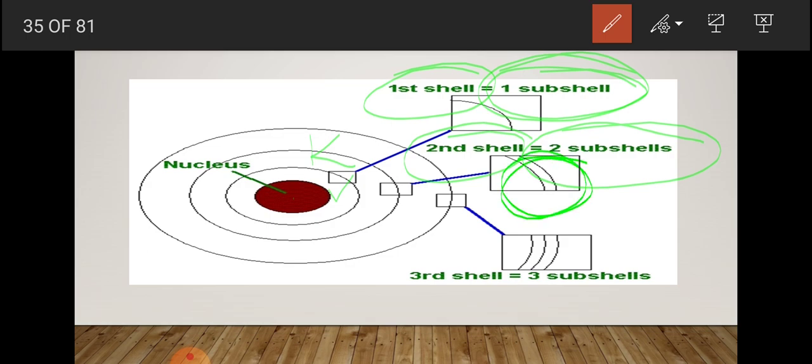Here it is shown. In third shell, three subshells will be present. Okay, K, L, M, N are your shells, that is orbit, and they can be represented by 1, 2, 3, 4 also. In first shell, K shell, there will be one subshell. In second shell, there will be two subshells. In third shell, you will have three subshells.